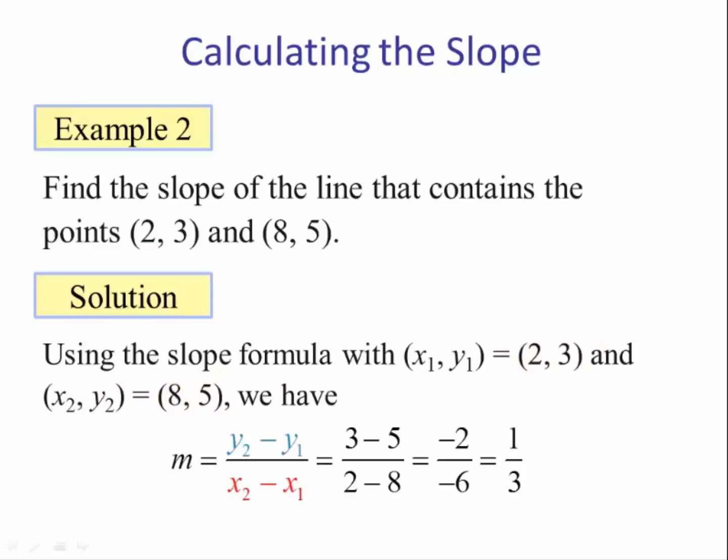Using our formula, we're going to take y2 minus y1, so that's 5 minus 3, and we get 2, over x2 minus x1, 8 minus 2, which gives us 6. So we have 2 over 6, which reduces to 1 over 3.